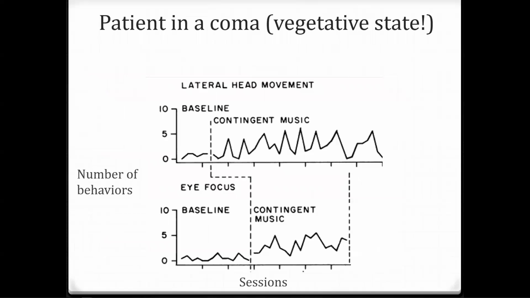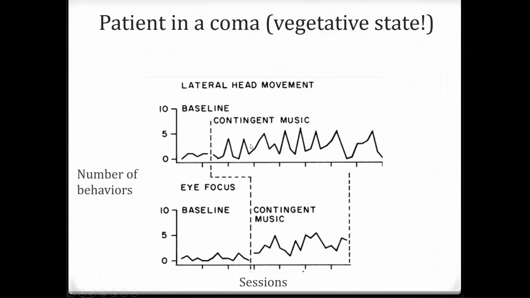So even individuals that have been in a coma or a vegetative state have been shown to learn and engage in operant behaviors with certain types of reinforcers. In this experiment, they used music that was contingent on small head movements. The baseline condition is when they weren't doing anything.